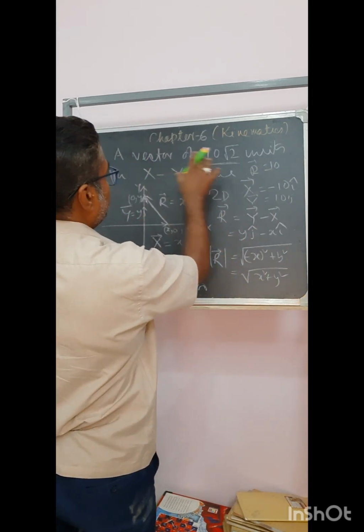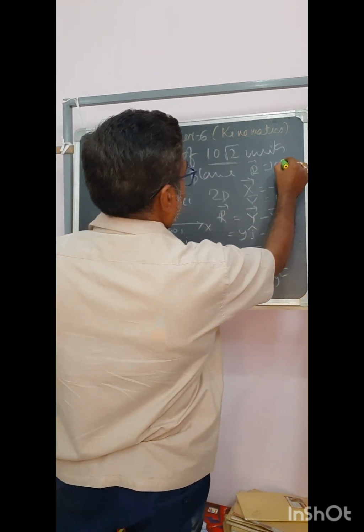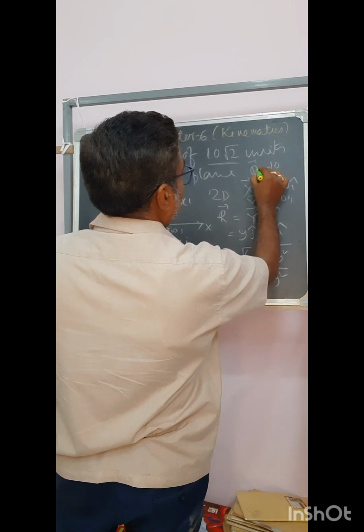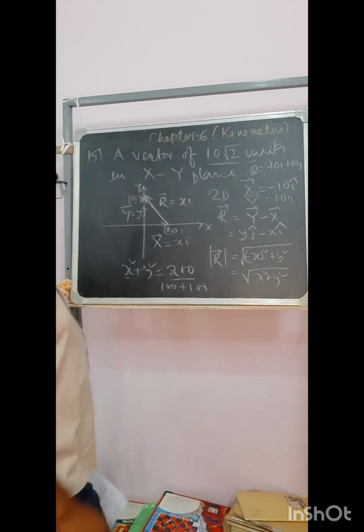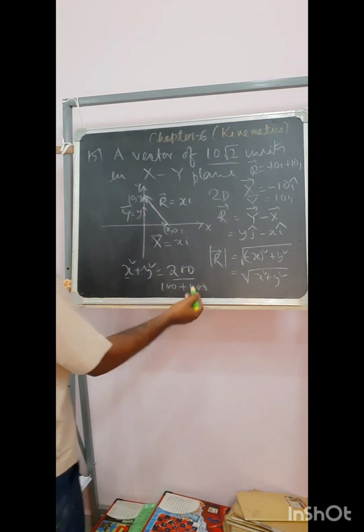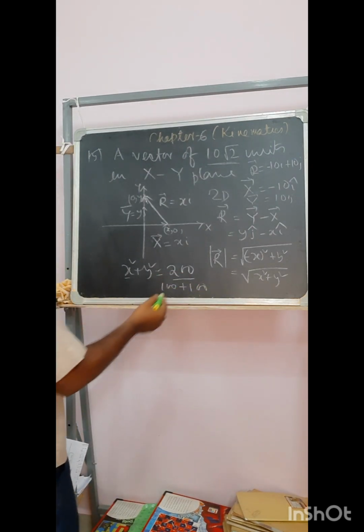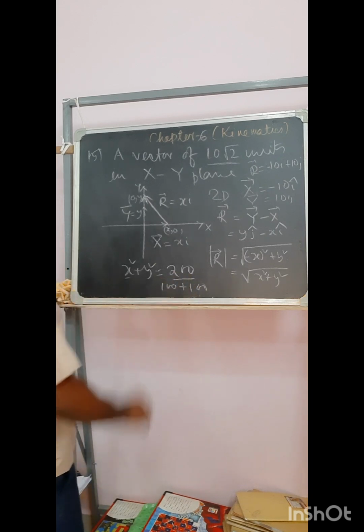You need to find the vector: minus 10i plus 10j. This is possible, because 200 can be divided into so many parts. So one of such kind is this one.